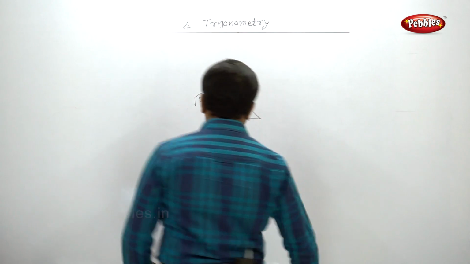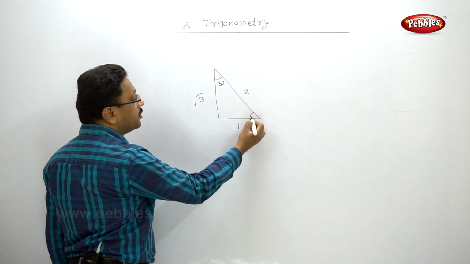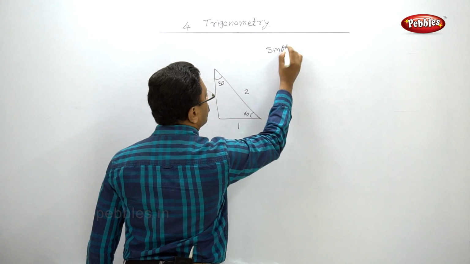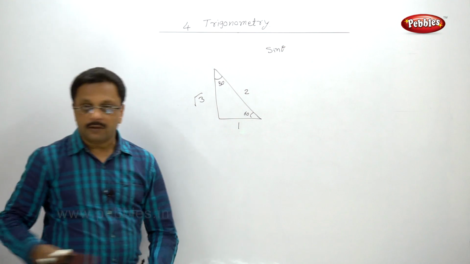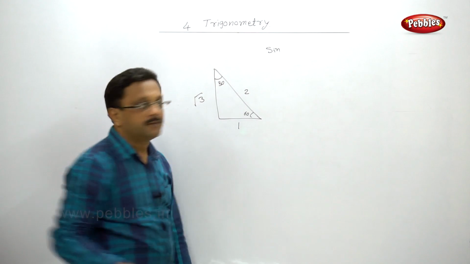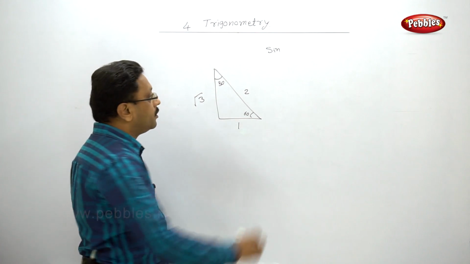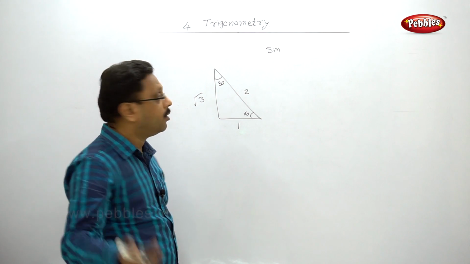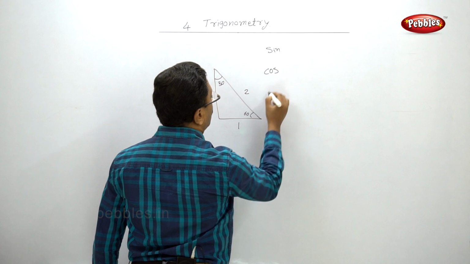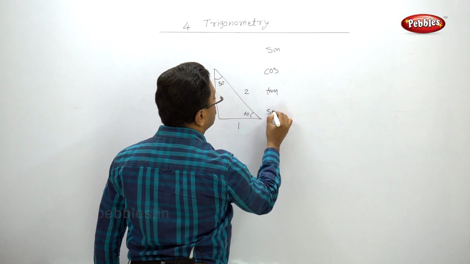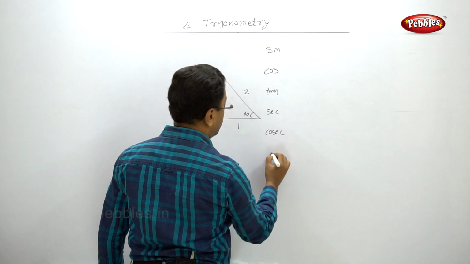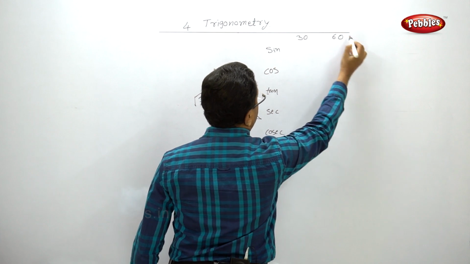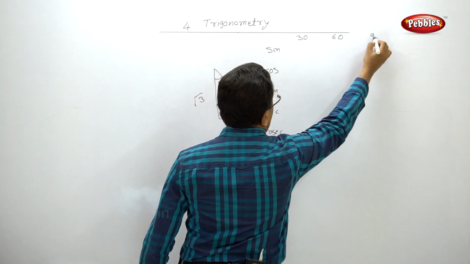Now, this is 30, so this must be 60. Now what is sine 30? I'll take theta as 30. First we'll see all for 30. We will draw the table here in front of you. So we have sine, cos, tan, sec, cosec and cot, and we will take angles 30, 60 and 90.